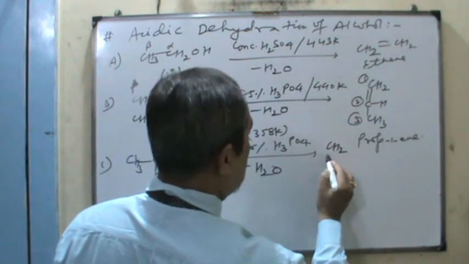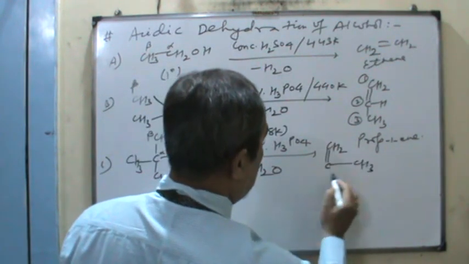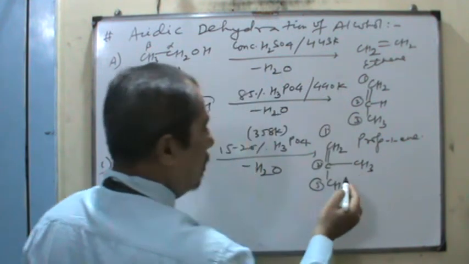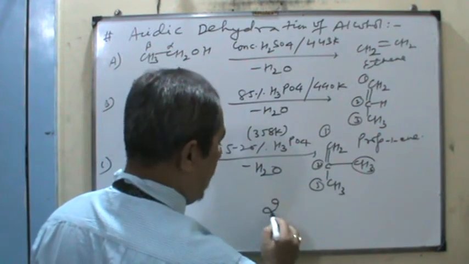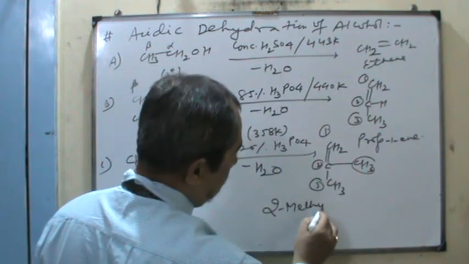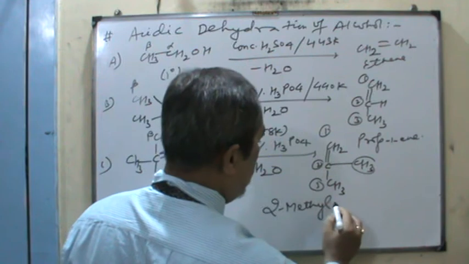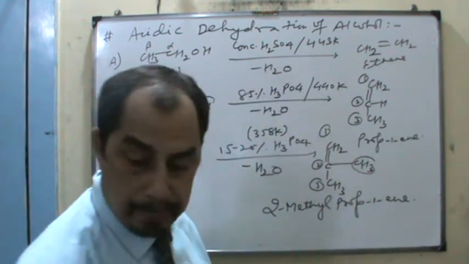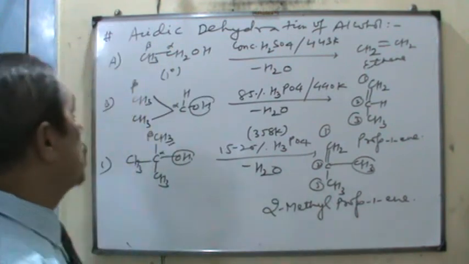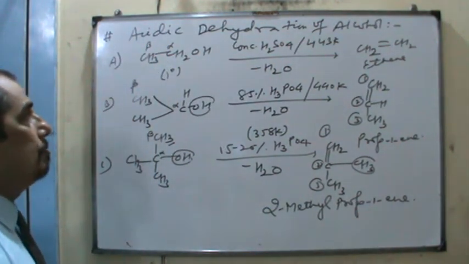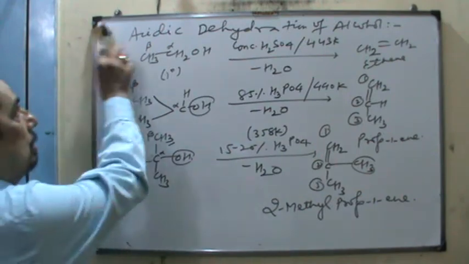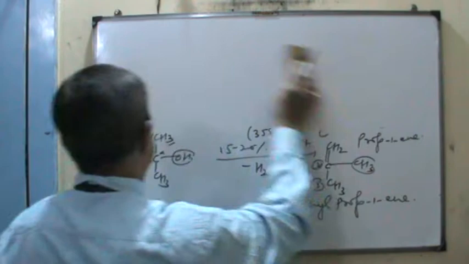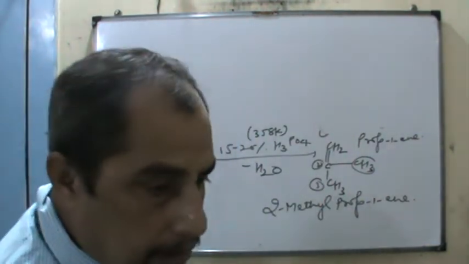CH2 double bond CH3 and CH3. This is the 1, 2 and 3. 2-methylprop-1-ene. So write down properly everyone and make a note. 2-methylprop-1-ene. So this is another method to distinguish between primary, secondary as well as tertiary alcohols. Now write a question and complete it. That is most probably a board paper question.